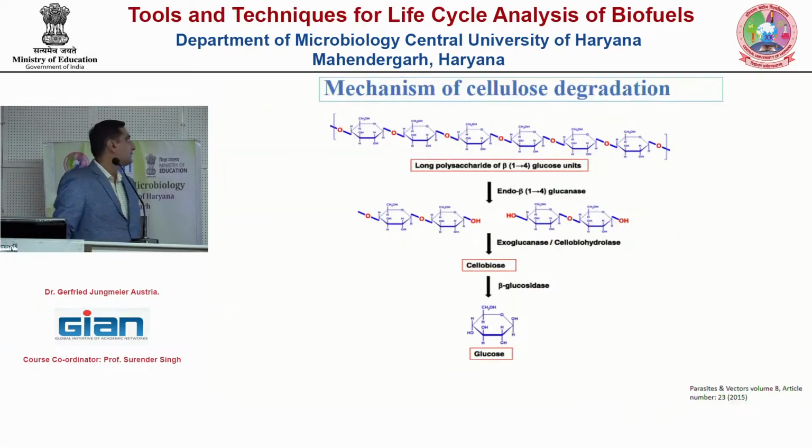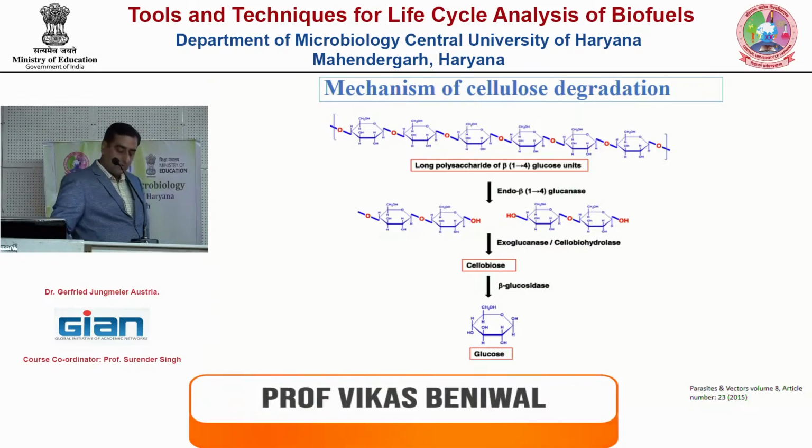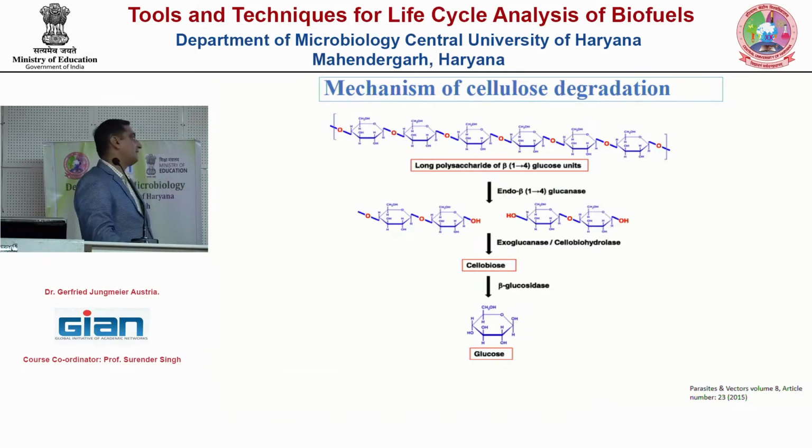These are the constituents, and we will be following the cellulose part in this. For cellulose degradation, we have three basic enzymes: exoglucanase, endoglucanase, and beta-glucosidase. So these are the three enzymes we will be talking about when we talk about cellulase activity.